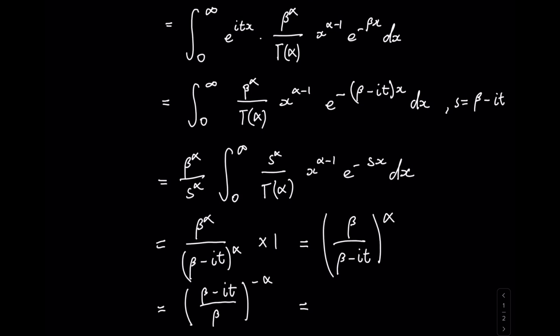Furthermore, we can do a division of our fraction and simplify a little further, giving 1 minus it on beta to the power of negative alpha. And there you have it. Here is our expression for the characteristic function of a gamma distribution. I hope that was informative, and hope to see you in the next video.